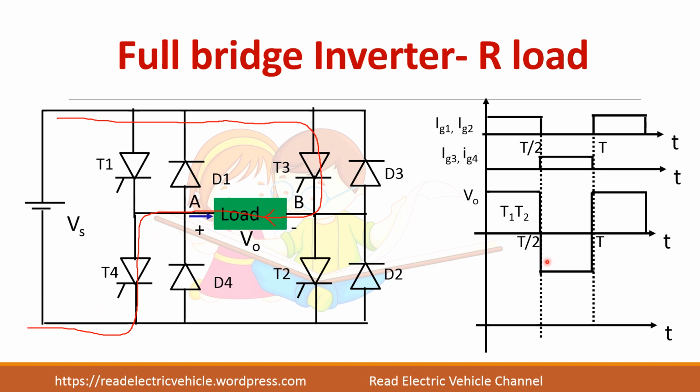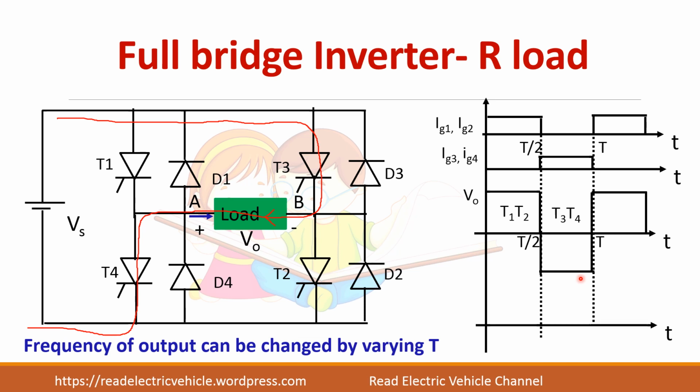So output voltage is equal to negative of the supply voltage, or minus Vs. So in full bridge inverter also you are getting the same square wave output. Only thing is the magnitude is plus Vs and minus Vs. You can change the frequency of the square wave output by varying the time period T, or the instant at which devices are turned on can be changed to change the frequency of the output waveform.